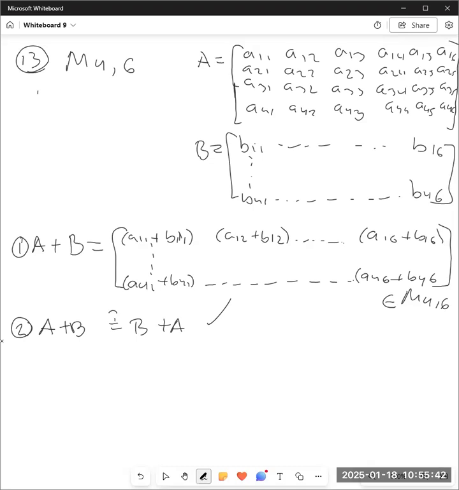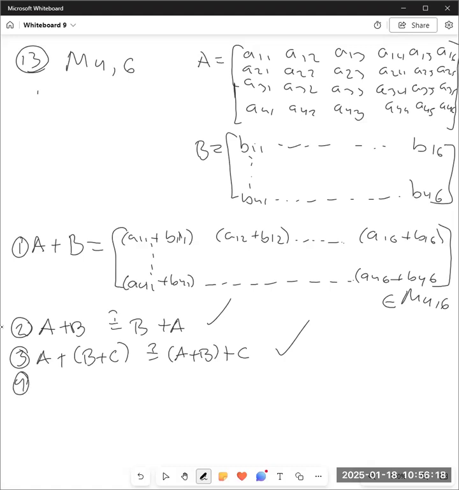For matrices, the next one was the associative property: A plus, and I didn't define vector C, but is that equal to this? And we know it is because that's an inherited property from all matrices.